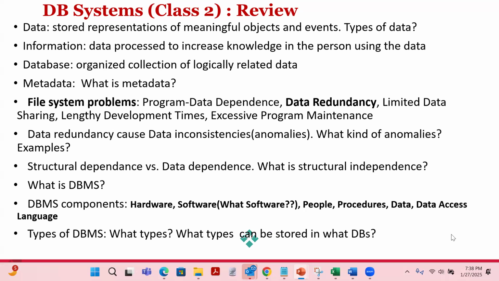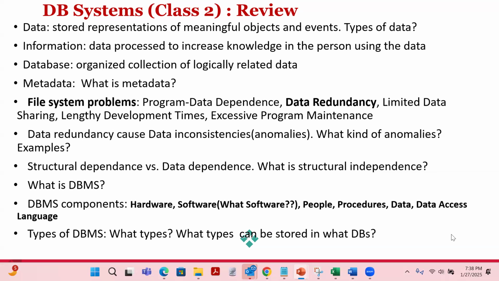Metadata. Metadata is a very important term. We will get back to this term several times during this course. Metadata is data about data. So that is a set of rules that define specific data stored in the database.